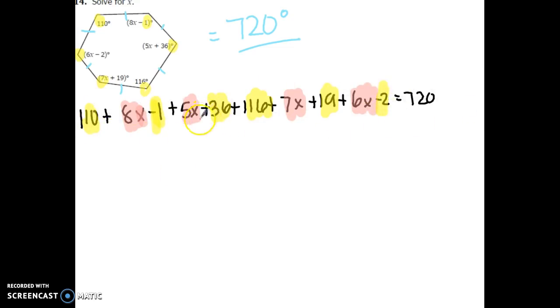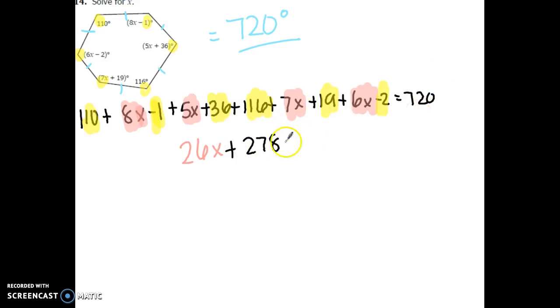So I'm going to start off with my x's. That would be 8 plus 5 plus 7 plus 6. That'll be 26x, and then I will say 110 plus -1 plus 36 plus 116 plus 19 minus 2. That will end up being, I think, plus 278.